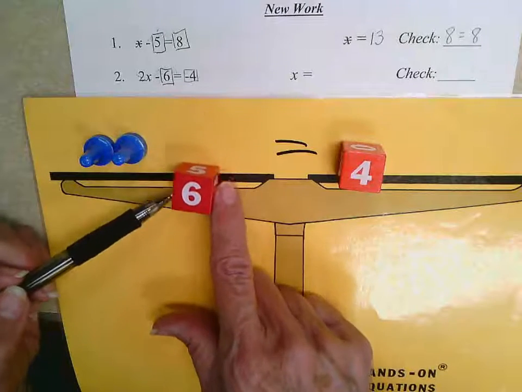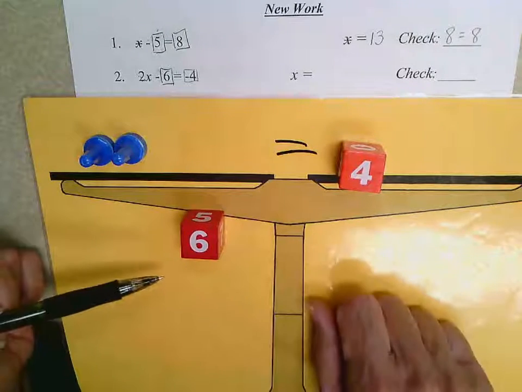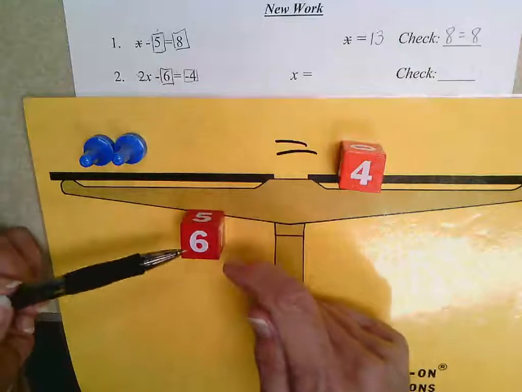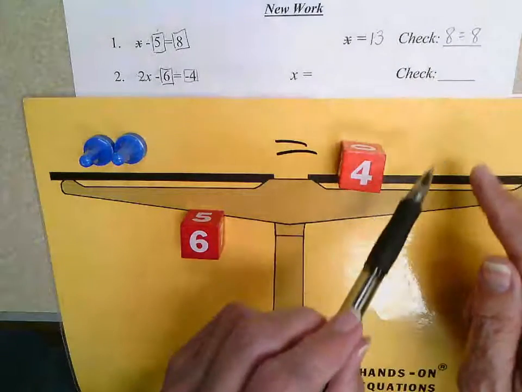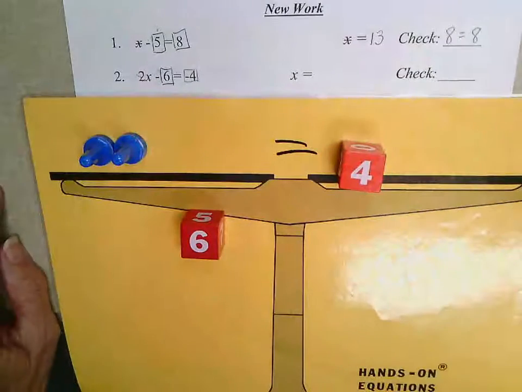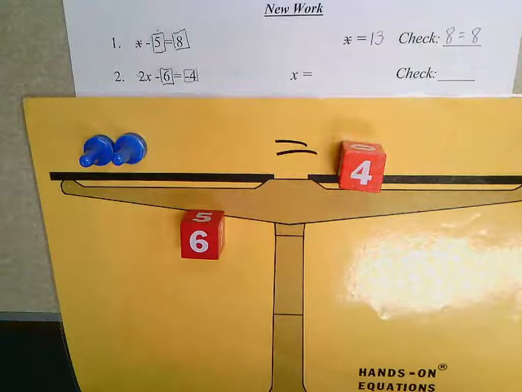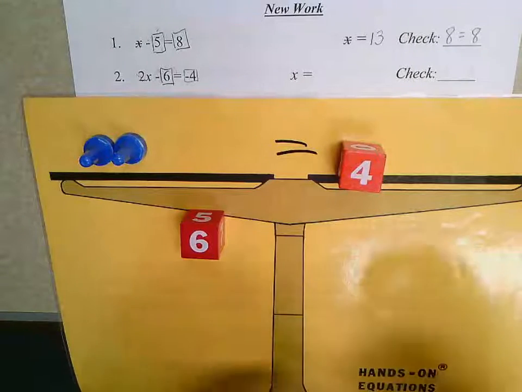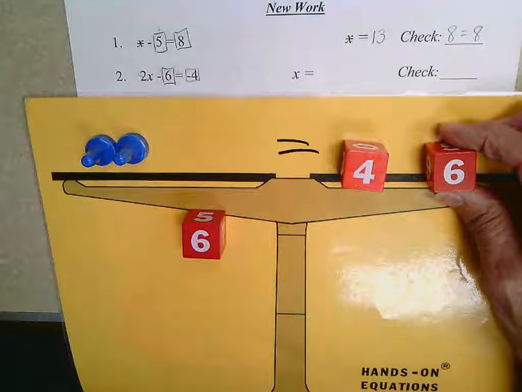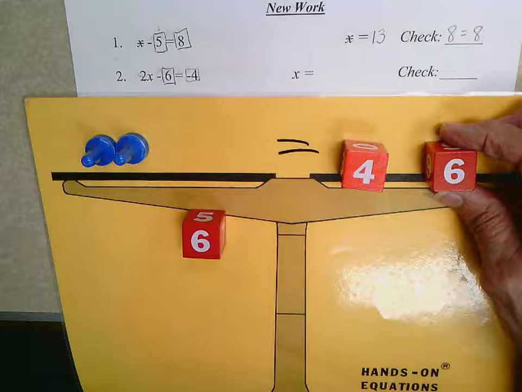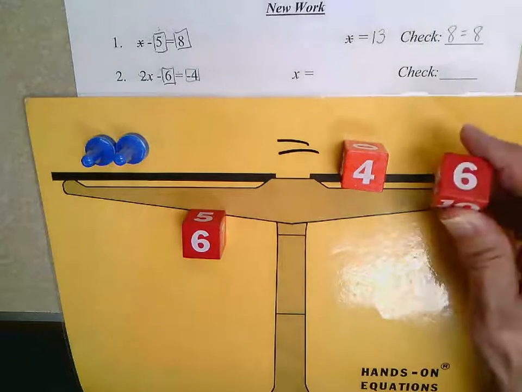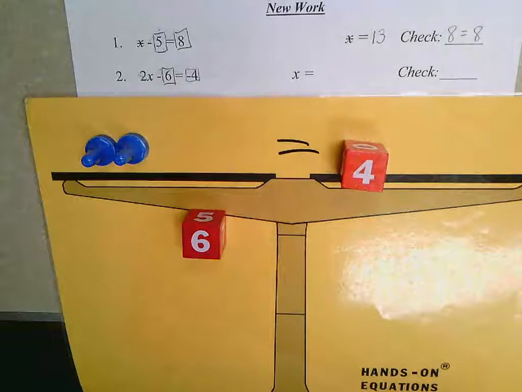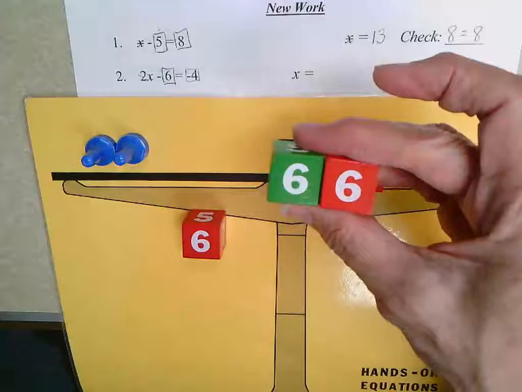So I would really like to just have these pawns all by themselves and not have this pesky 6 here. So I'm going to slide my 6 on down, and if I slide a red 6 on this side, I have to slide a red 6 on the other side. The most common mistake kids are going to make is they're just going to add the red 6 block all by itself. That's an illegal move. You cannot do that, because a negative 6 is not the same as 0.